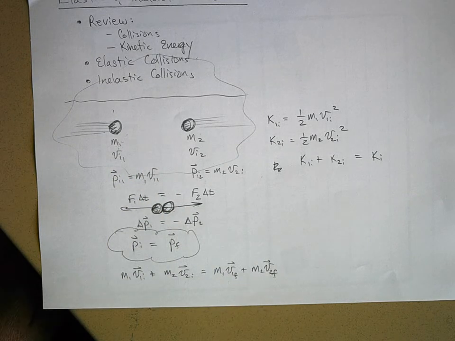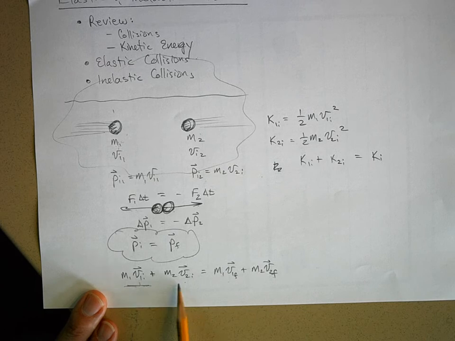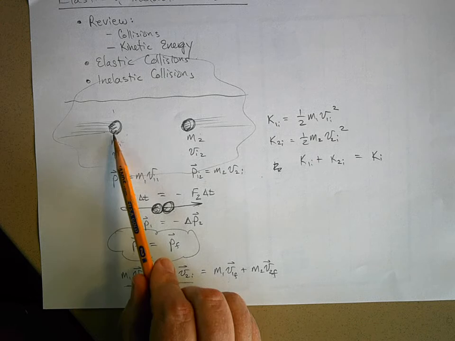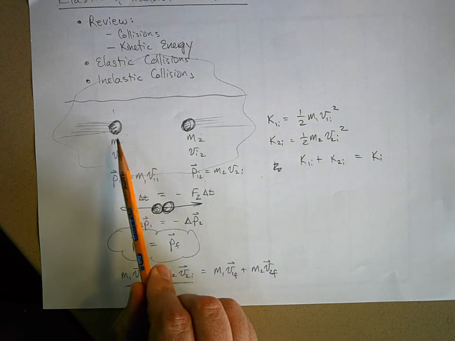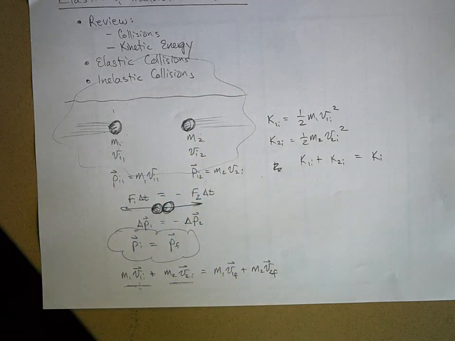Now, listen very carefully to what I'm about to say. When you added, look at this right here. What is true about momentum? Momentum is a vector quantity. So if object 1 is initially moving to the right, it's going to have positive momentum. This object will have negative momentum. And so when you add them together, you could actually even get 0, right?